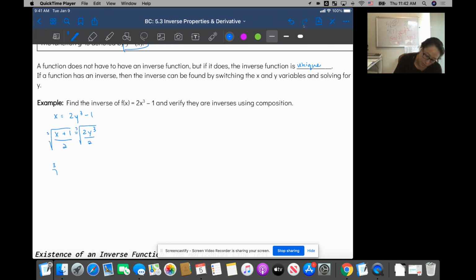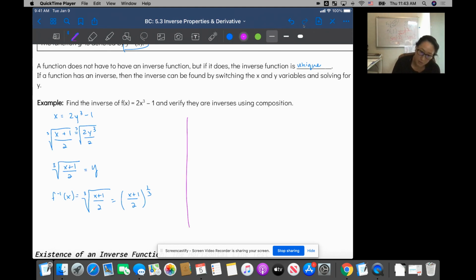So I have the cube root of (x plus 1) over 2 is equal to y, or f inverse of x is equal to the cube root of (x plus 1) over 2, or ((x plus 1) over 2) to the 1/3 power. All right, so verifying using composition.